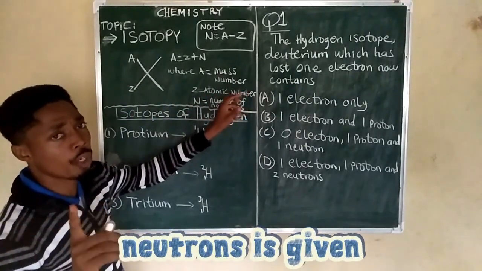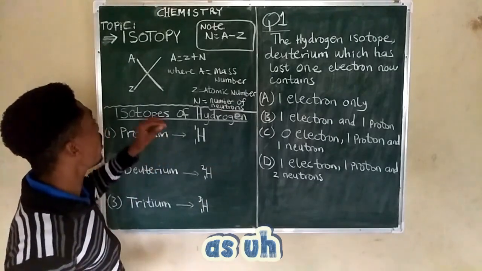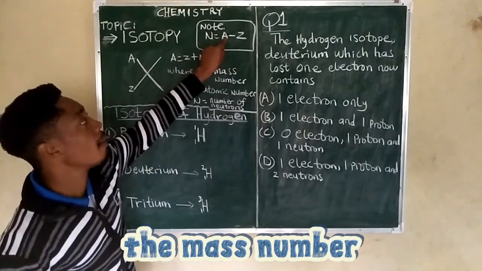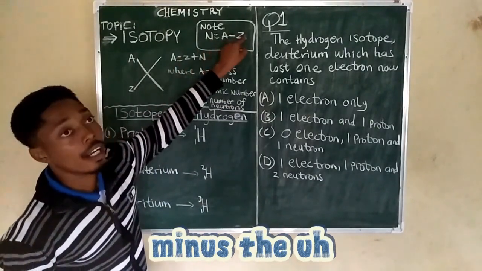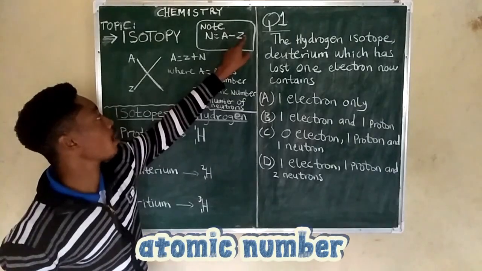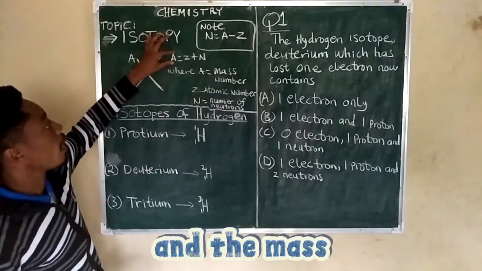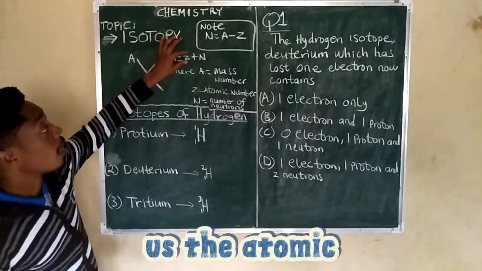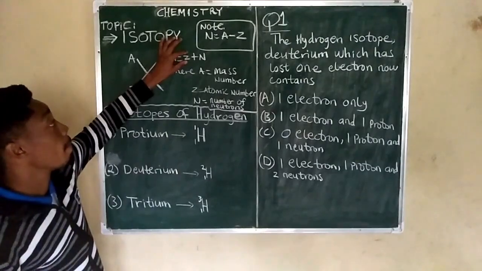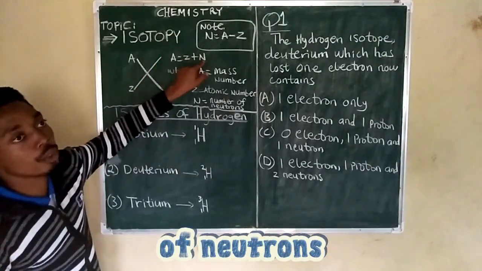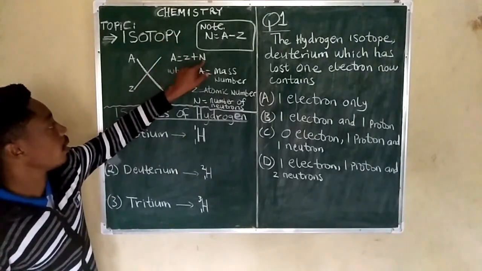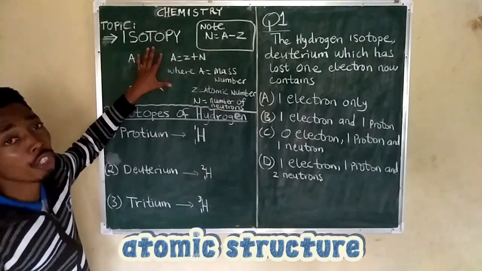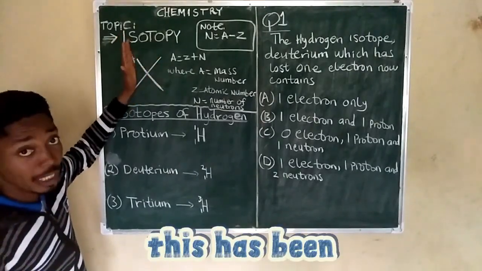The number of neutrons is given as the mass number minus the atomic number, and the mass number is given as the atomic number plus the number of neutrons. If you check my video on atomic structure, this has been explained.